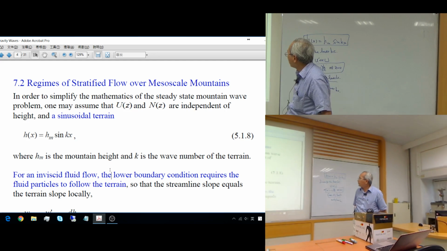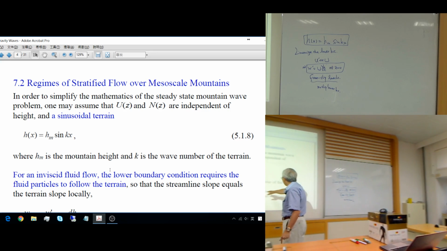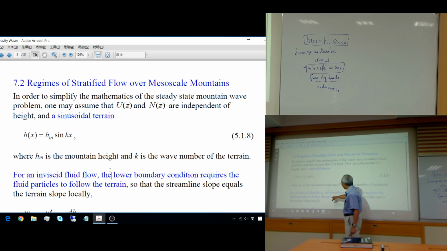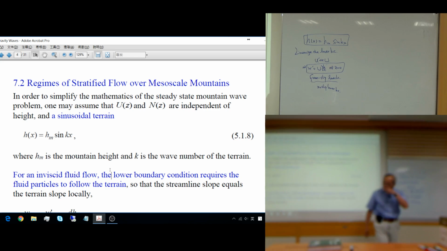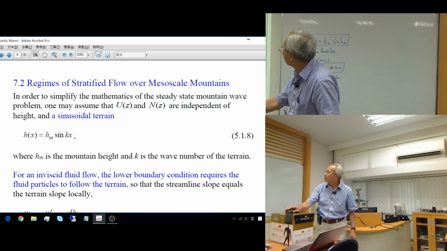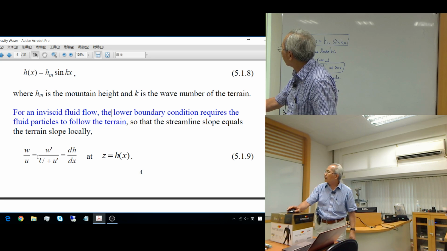Now, we require the fluid particles to follow the terrain. So we have w over U, which is w prime over U plus u prime, equals dH/dx.